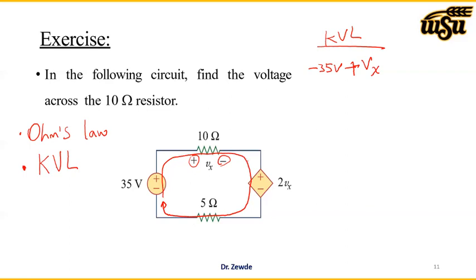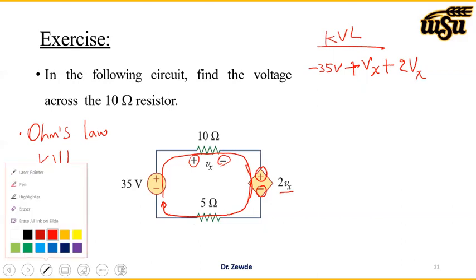And now the third component is here. Again, we're going from a plus to a minus, going this way. If we go from positive to negative, again, it should be positive. And the voltage across that component is given as 2Vx. So we say plus 2Vx.